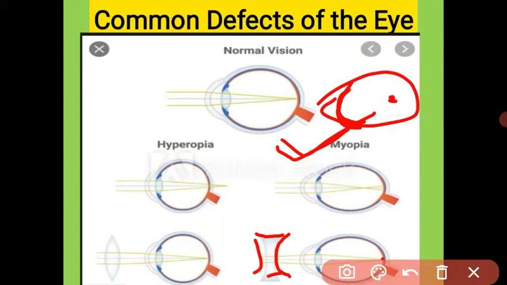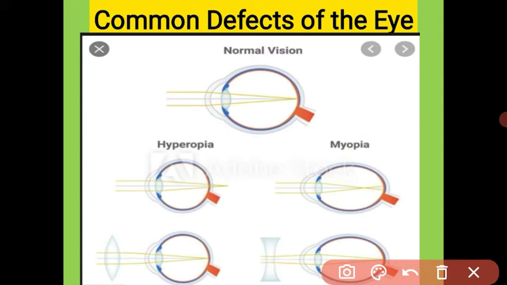Many of your classmates have a spectacle number with a minus sign, which means the person is suffering from myopia. In physics you also study this in the topics of lenses and refraction of light. Got it? Next is hyperopia.